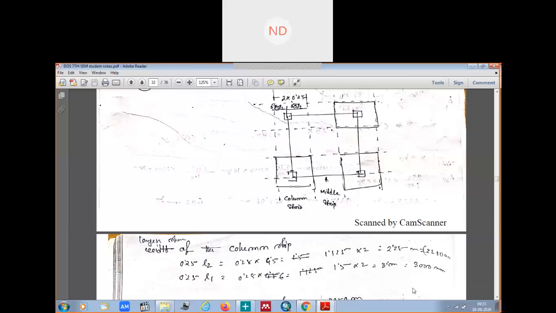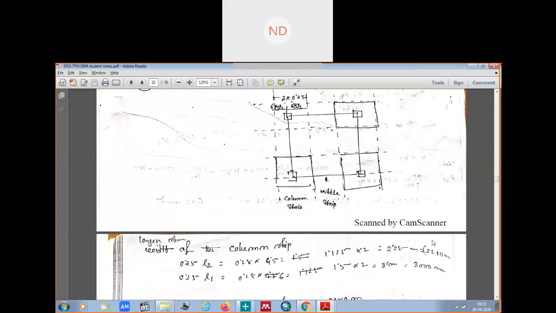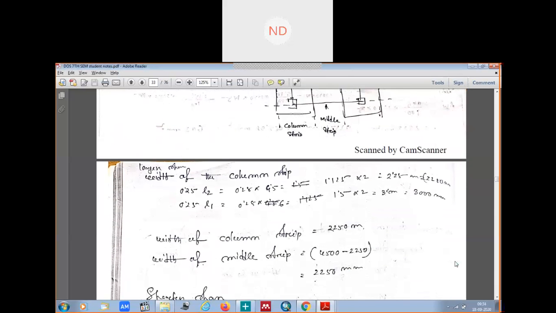So 0.25 L1 was 3000 mm and 0.25 L2 is 2250. So we have to consider the smaller of these two, and our column strip will be 2250.